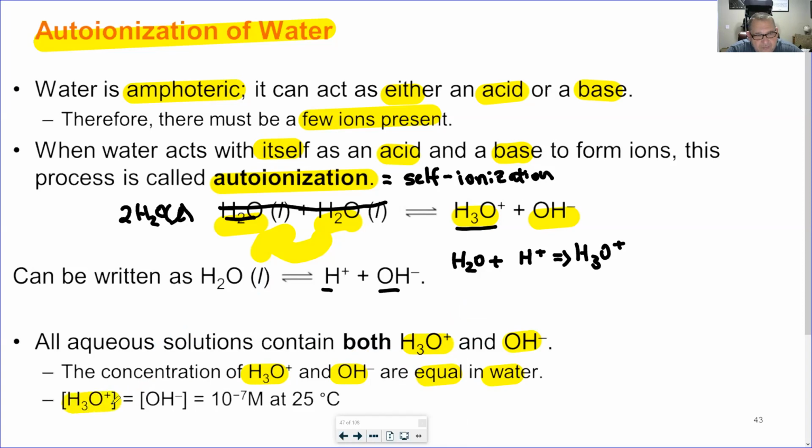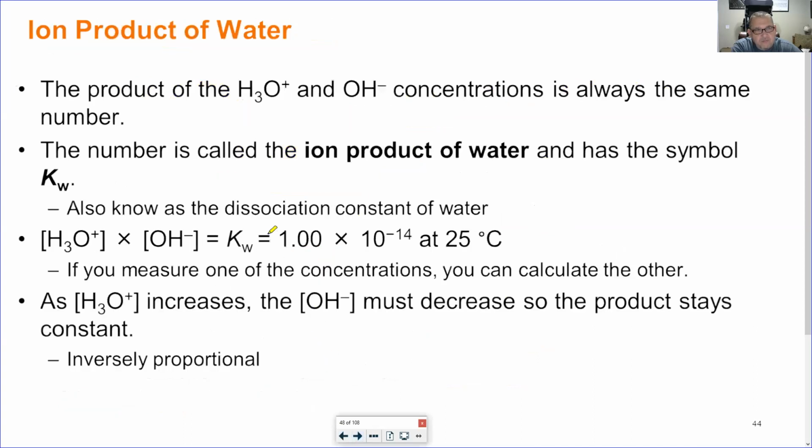This only happens at one point where those concentrations are equal, when they are 1 times 10 to the minus 7th molar at 25 degrees. Now if we write an expression to describe this, it would be the product of the hydronium times the hydroxide, and it should give the same number.